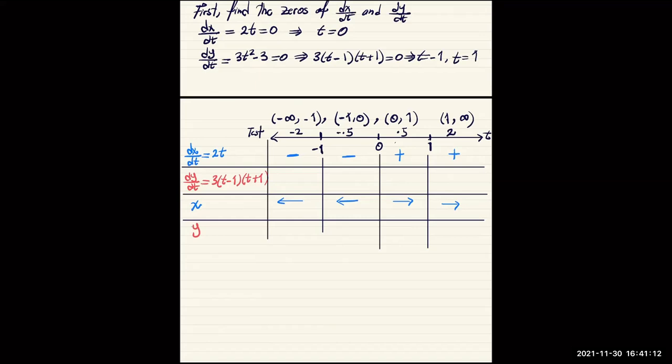So let's say we take -2 and we plug it into t here. We get -2 minus 1, that's a negative. -2 plus 1, that's a negative also. Double negative is a positive.